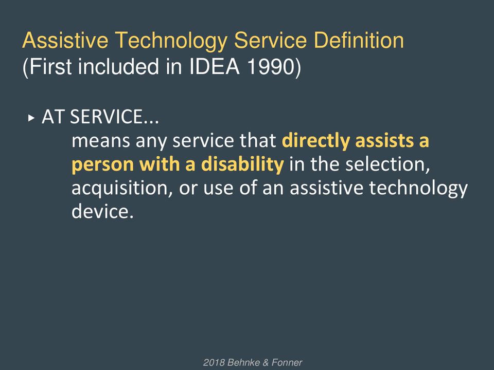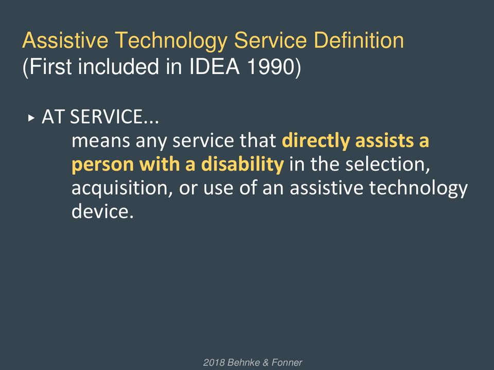I also want you to understand that it's not just the device, but it's also the service. Assistive technology is part of that federal definition, where you have a service that basically means any service that directly assists the person with a disability in the selection, acquisition, or use of the AT device.